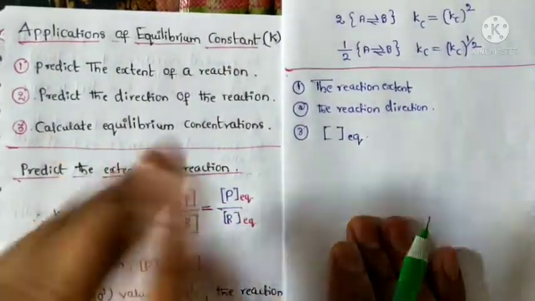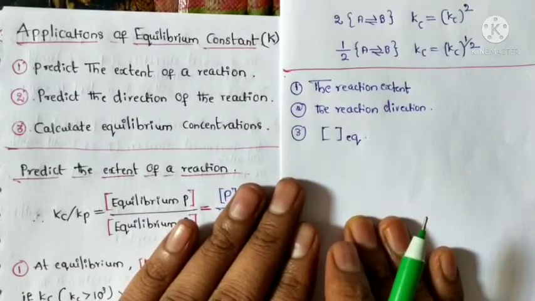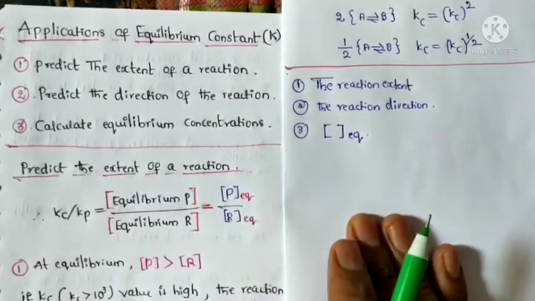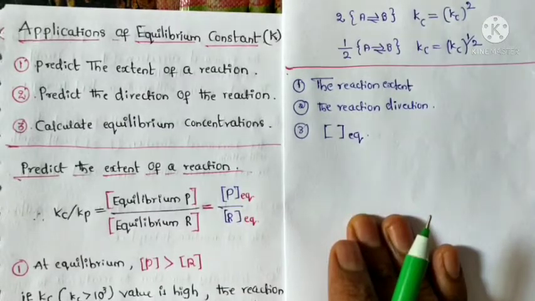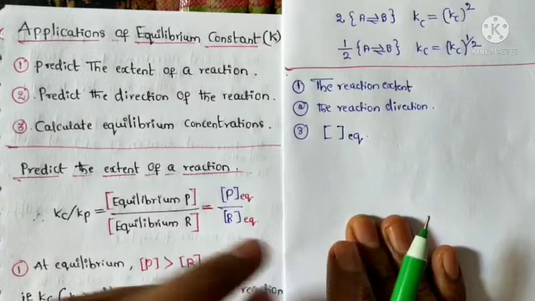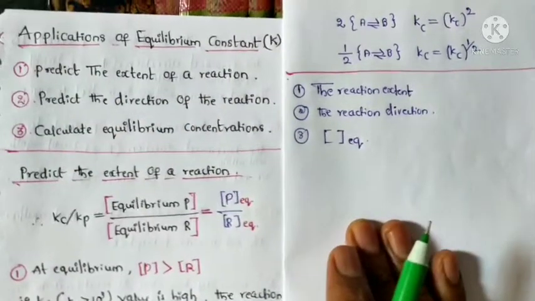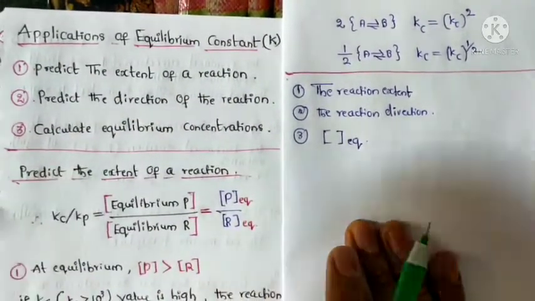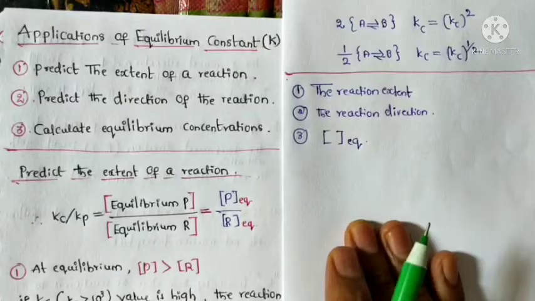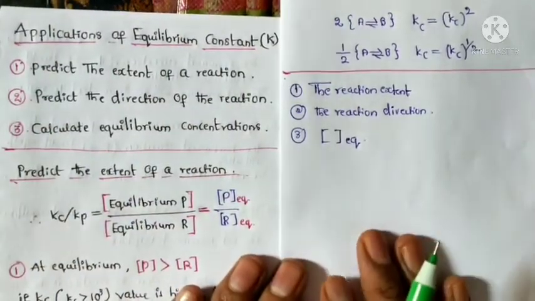First one is extent of reaction, which we can determine using the equilibrium constant value. The reaction direction we can also explain using the equilibrium constant value. And from the concentrations at equilibrium, we can determine the equilibrium constant value. That is the third application.